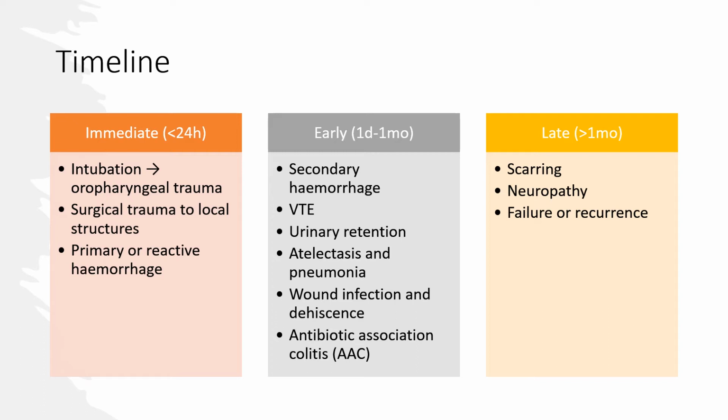You want to keep in mind that there's always things that you can cause damage to. And early on, there's three types of hemorrhage. There's primary, reactive, and secondary. Primary is bleeding that happens within the operating theater. Reactive happens as soon as you bring up the blood pressure, and we'll get to that later. 1 day to 1 month are things that tend to come up quite frequently in the exams as well, and we'll go through them later on.